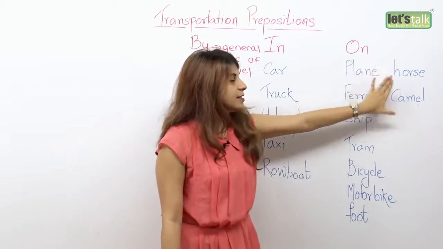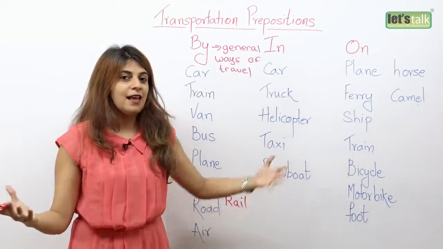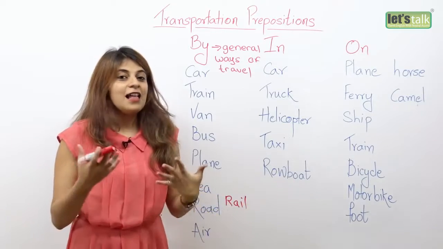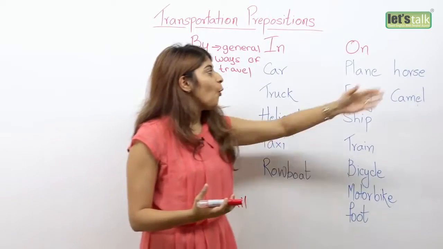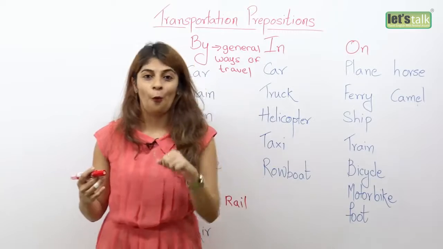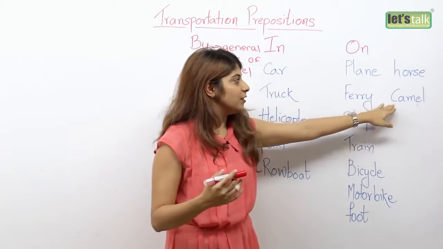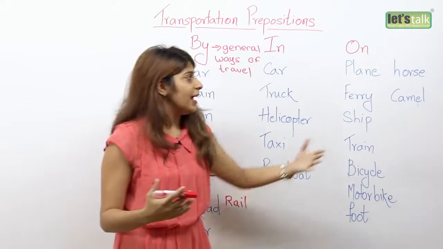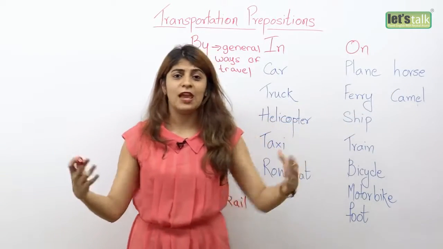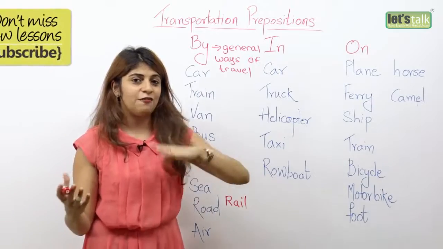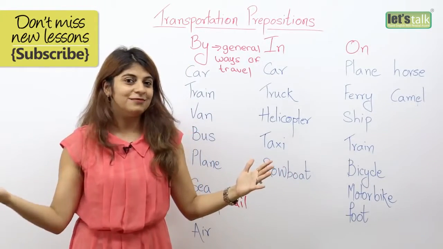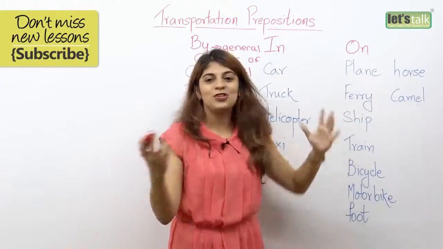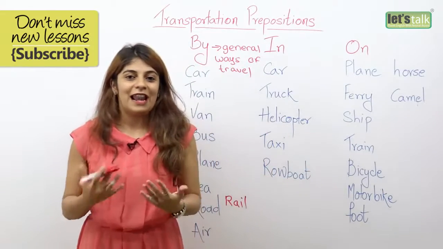And then animals. Now it's not just vehicles. Yes, there are people who also go on a horse or on a camel, like in Dubai. Yeah, we do have camel rides, and at many places we have horse rides to get from one place to the other. Nice. So what would you say when you are on an animal?